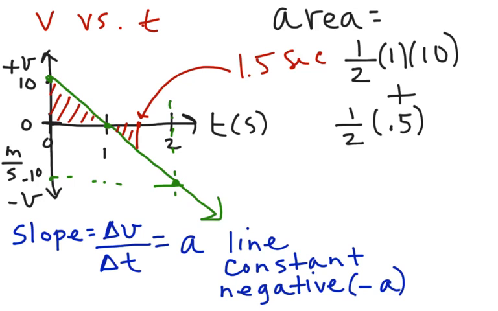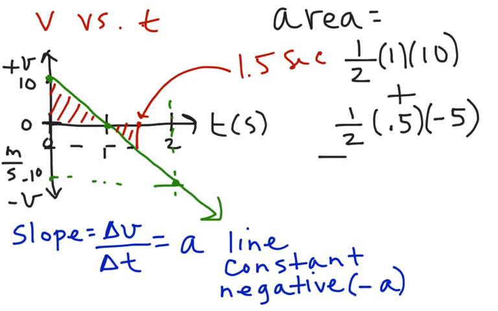And then this height here is going to be the speed at this point. And by using the kinematics equations, I figured out that this speed is going to be -5.